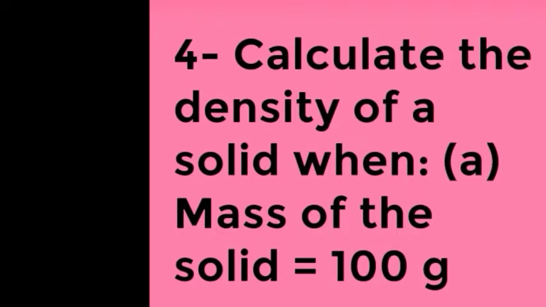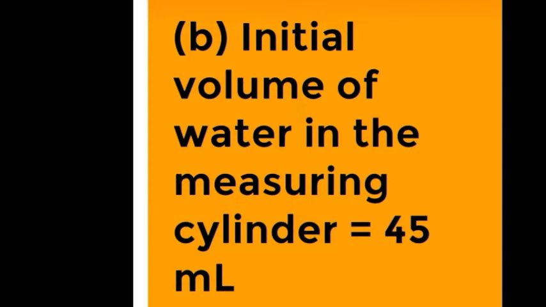Now the fourth one: calculate the density of a solid when part A is the mass of the solid equals 100 gram. Now mass is given here, which is 100 gram, and you have to find the density of the solid. Now B, the initial volume of water in the measuring cylinder is 45 milliliters.